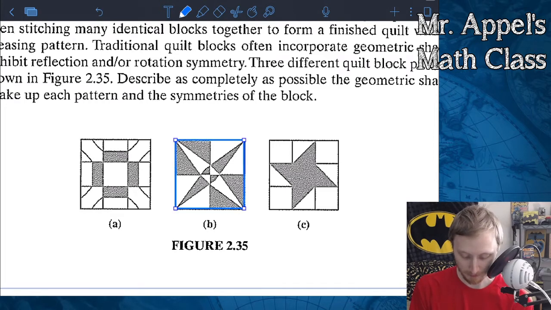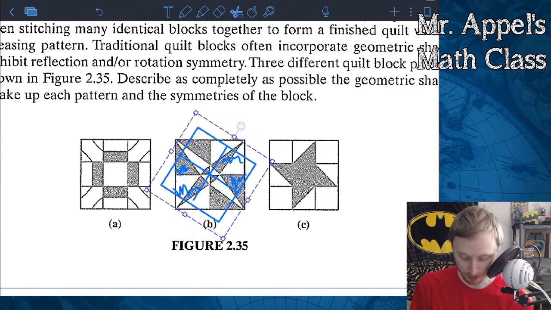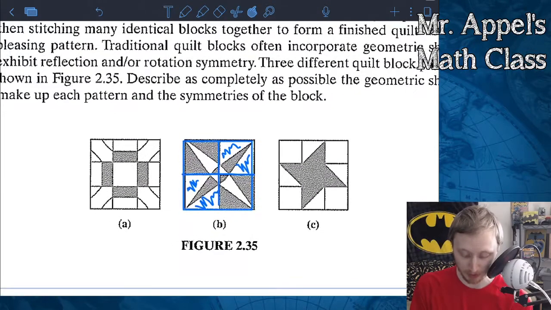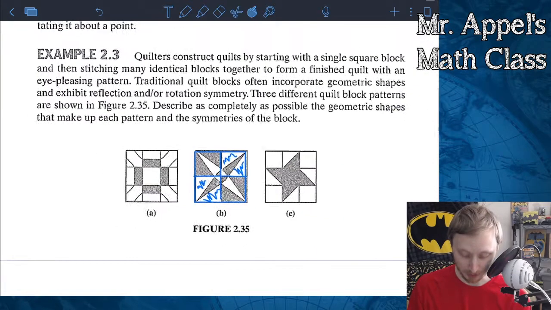If I draw just some of this in, like that, and I have shading in these sections, but not in these sections, when I take this whole thing and rotate it, notice my shading now lands in the empty space instead of in the shaded area. So this is not a rotational symmetry. The 90-degree turn did not actually match up, even if the shapes otherwise would have matched. The shading is also an important factor here.